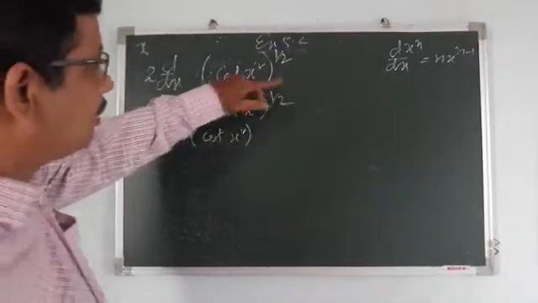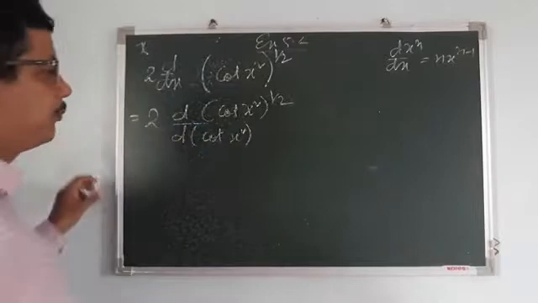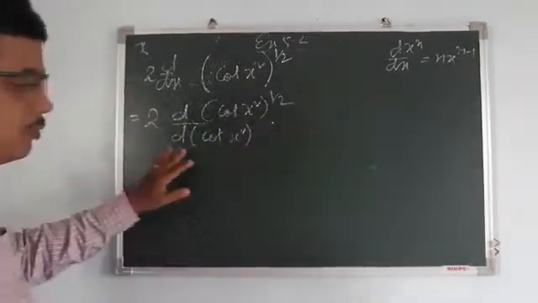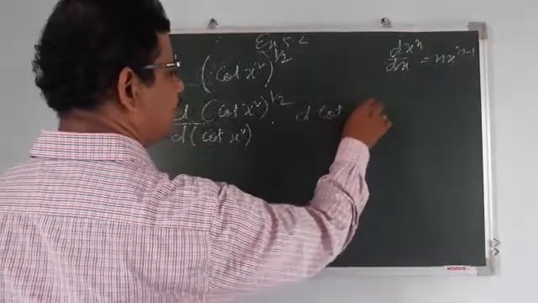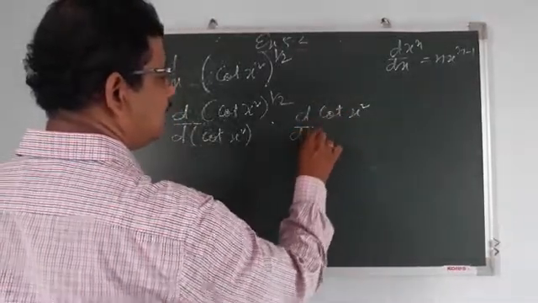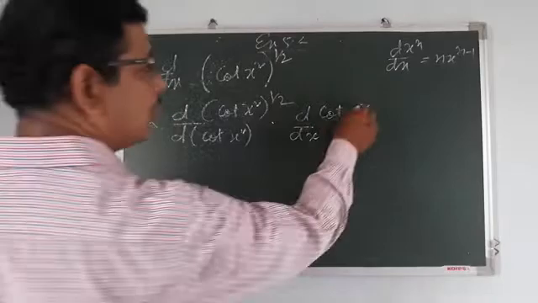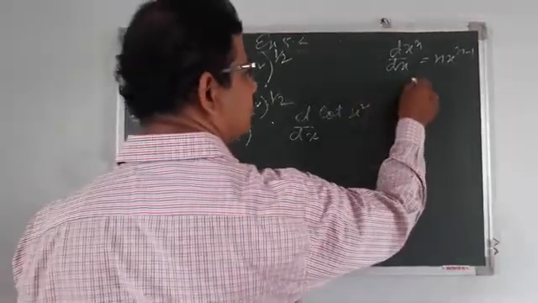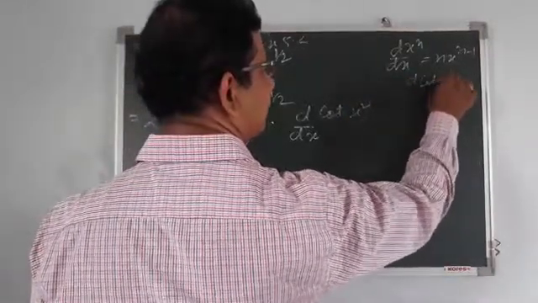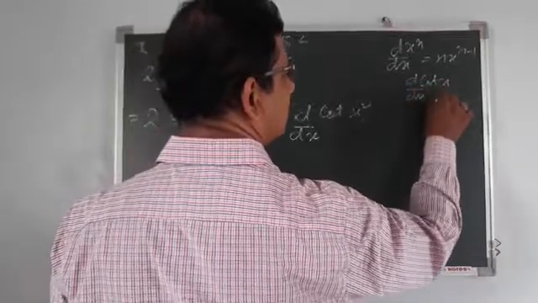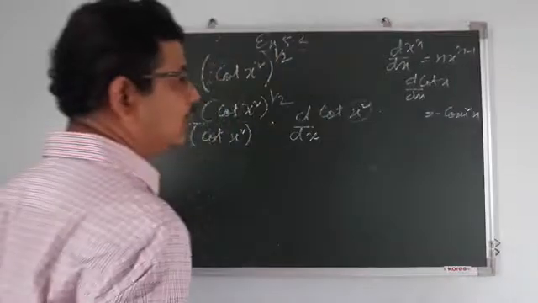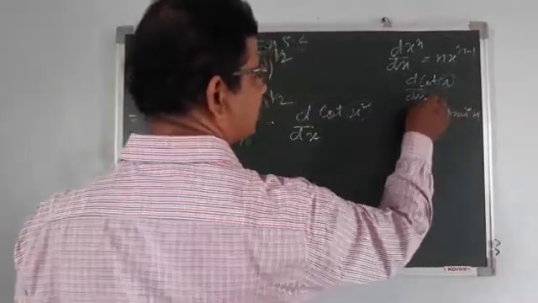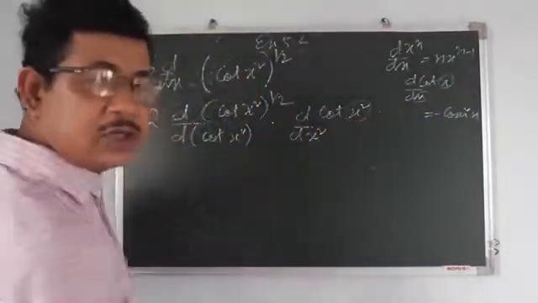Why have I written this? Just to follow this thing. To make it neutralize, what will we do? We will write d cot x square dx. Now see, we know the formula of differentiation of cot x. It is minus cosec square x. X same, so x square, you have to give x square.